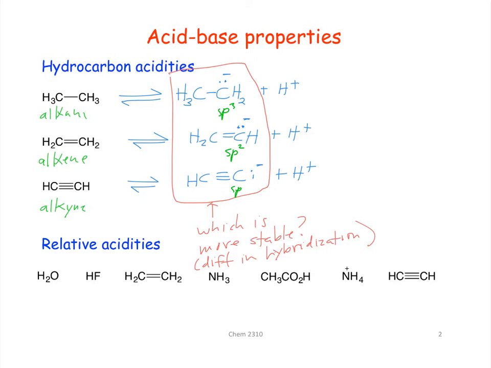All right, so how does different hybridization affect the stability of these different anions? Remember when we were talking about vinyl cations, we talked about the fact that with sp2 hybridized or sp, the increasing amount of s character makes a carbon more electronegative.